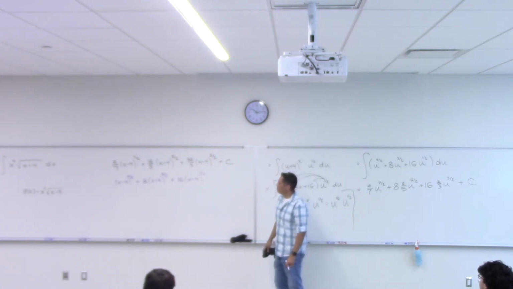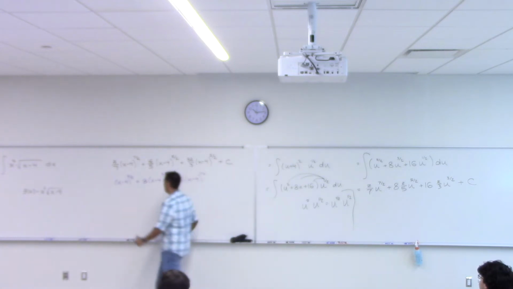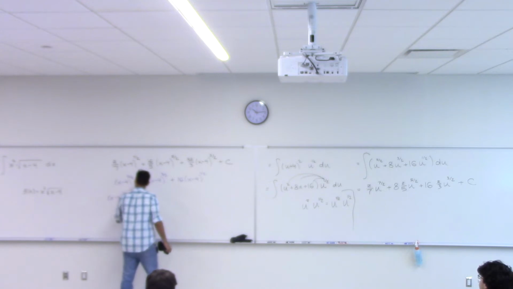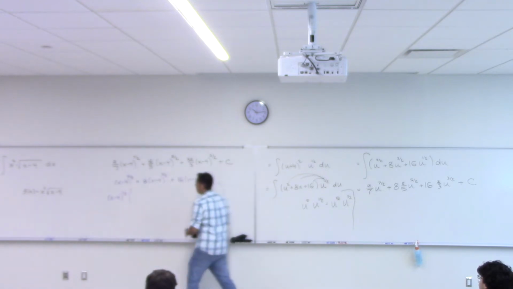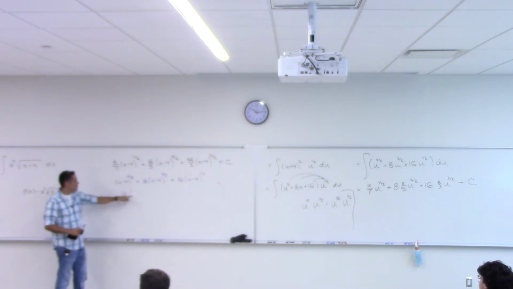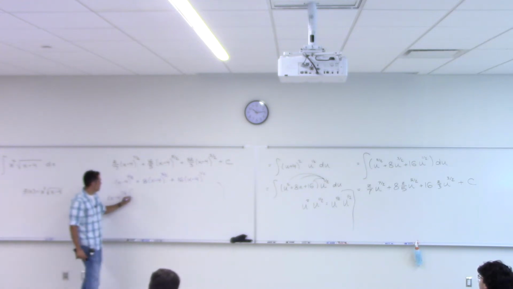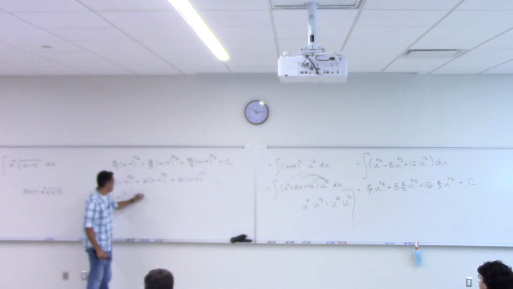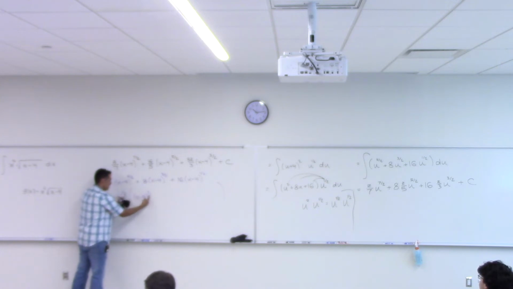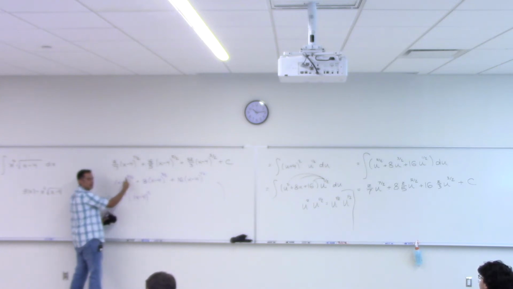What we can do here is factor out of each of these an x minus 4 to the half. Tell me what would happen if I pull an x minus 4 to the half out of this one. How many of them would be left in here? x minus 4 to the power of 2. Very good. Because if I do this times this, I add the 2 exponents together, I get 5 halves.